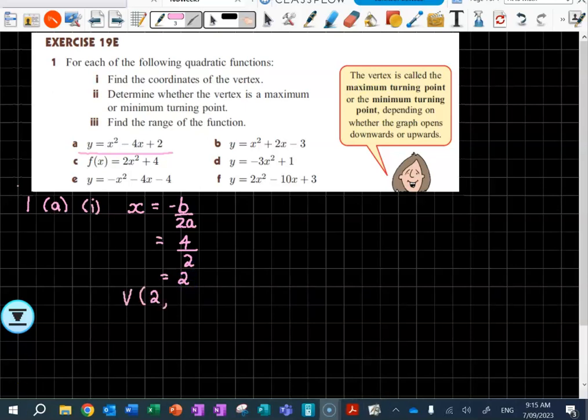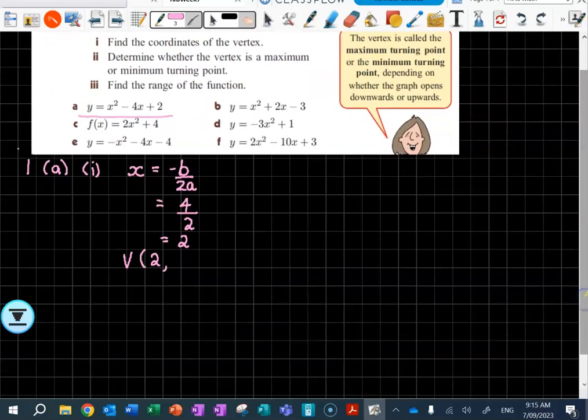Okay, so what we have is our x value for the vertex is 2, and I want to find my y value. So that's what that formula was on about when it says minus b over 2a, f of. Got to be careful when you say that, hey?